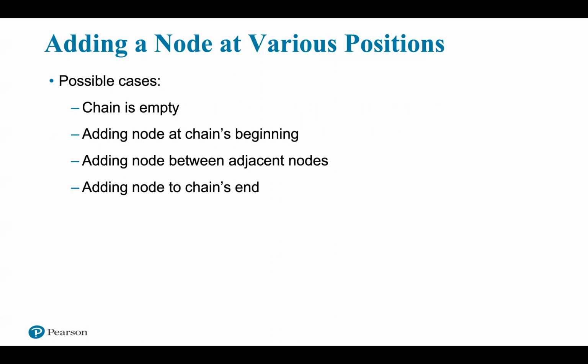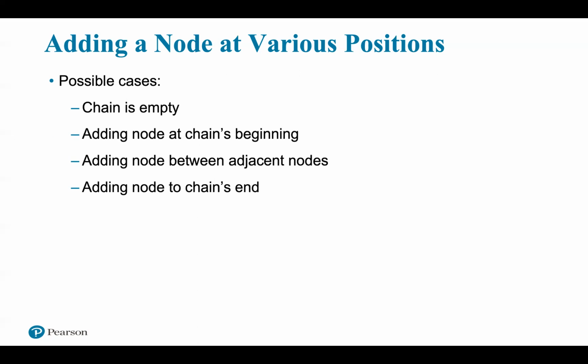In terms of adding a node at various positions, there are several possible cases that we have listed here. So let's talk about the operations on a chain of linked nodes. We used a chain of linked nodes in chapter 3 to implement the ADT bag, and in chapter 6 to implement the ADT stack. In both those cases, we added a node to and removed a node from the beginning of the chain.